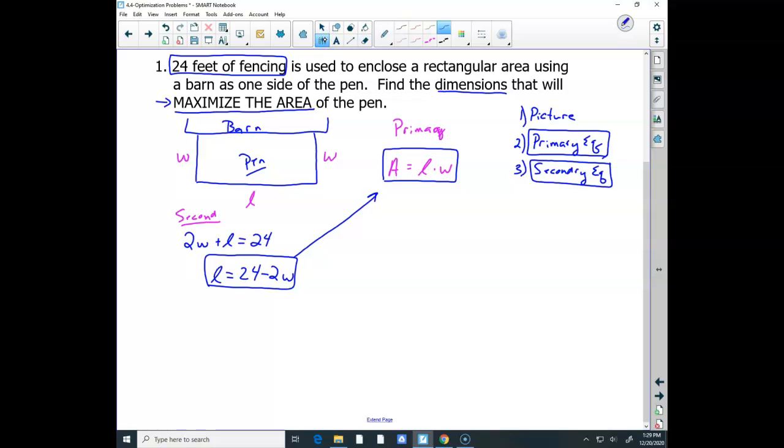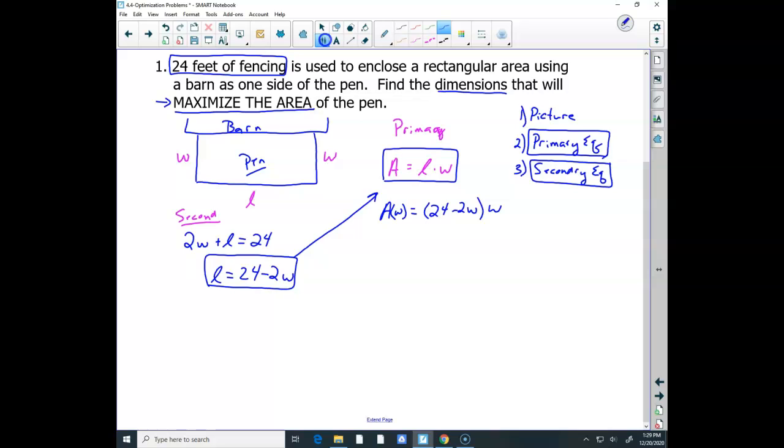So then when we rewrite it, we have our area. Well, my length is going to be 24 minus 2W, and that's going to get multiplied times W. So check it out, I just wrote my area in terms of the width. I've rewritten it in terms of one variable, my area in terms of width.